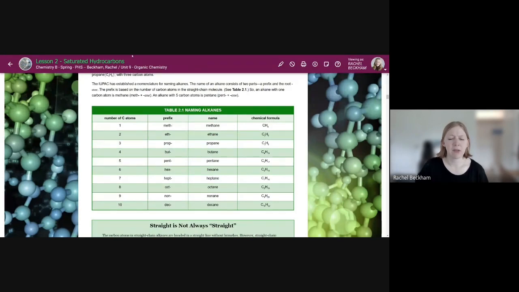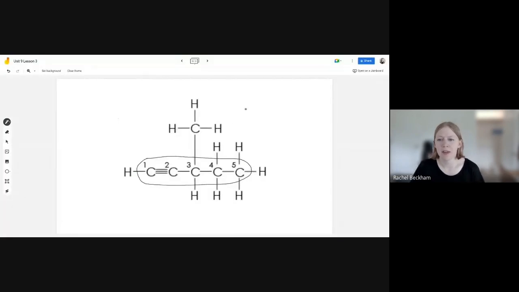And so the name is going to be pentine, right? And we need to show where that triple bond is. So remember, you name it starting at the beginning of the triple bond. So the triple bond starts at carbon 1 and goes over to carbon 2. And so the name will be 1-pentine.